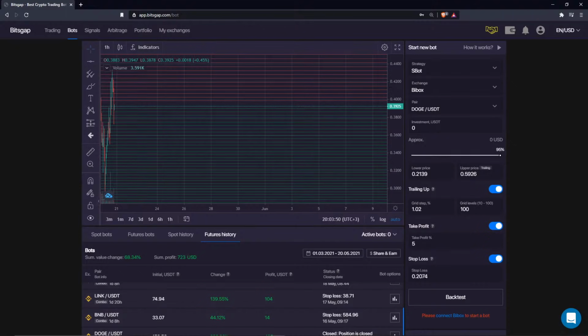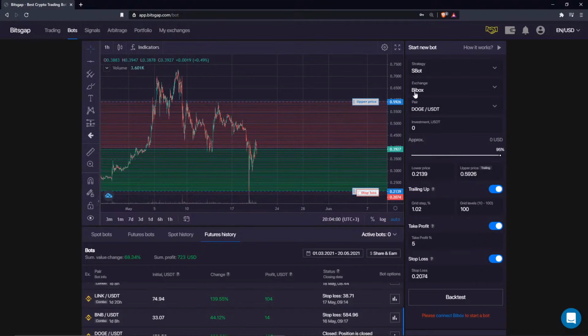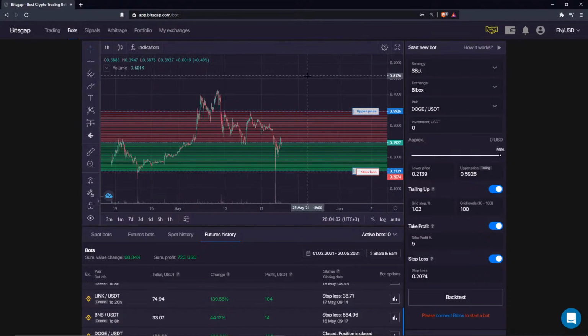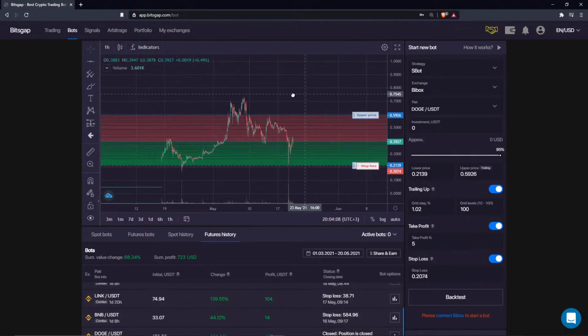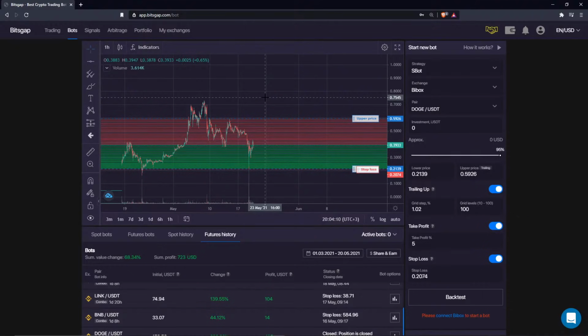Let's see what questions you have so far. So when is the best time to close your position? Well, it depends whether you feel like the market is about to change direction. Then of course it makes sense to close the bot, because trading against the trend makes no sense. You will lose money.